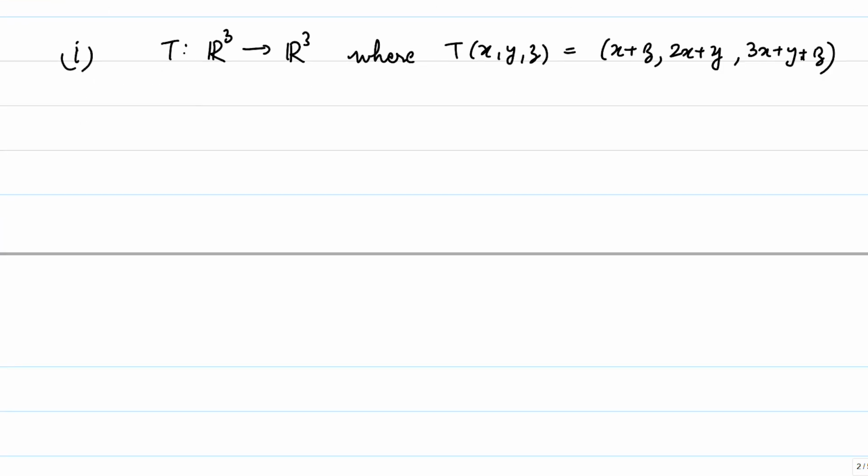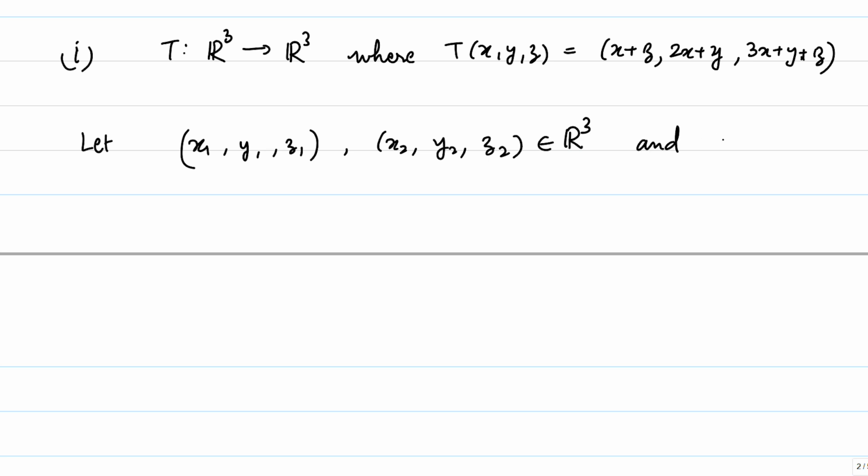Yes. All right. So let's take two vectors in R3 and a scalar. So let (x1, y1, z1) and (x2, y2, z2) be two elements in R3, and suppose c is in the field of scalars, a real number.